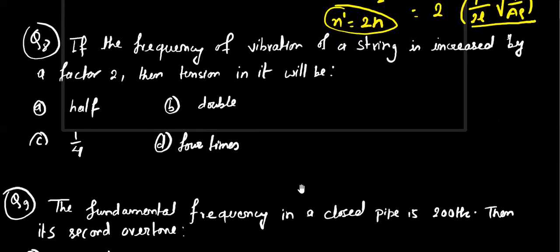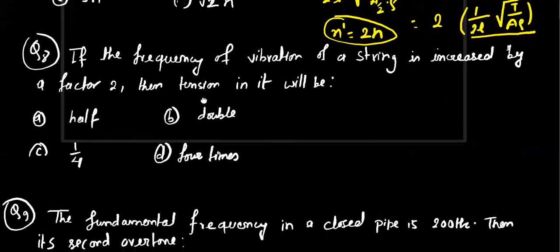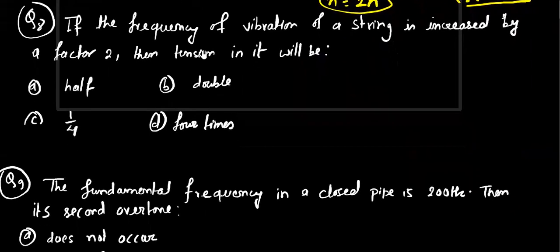Now we are in question number 8. If the frequency of vibration of a string is increased by a factor of 2, then the tension in it will be? As we know, the frequency is directly proportional to root T, and frequency is made double here.